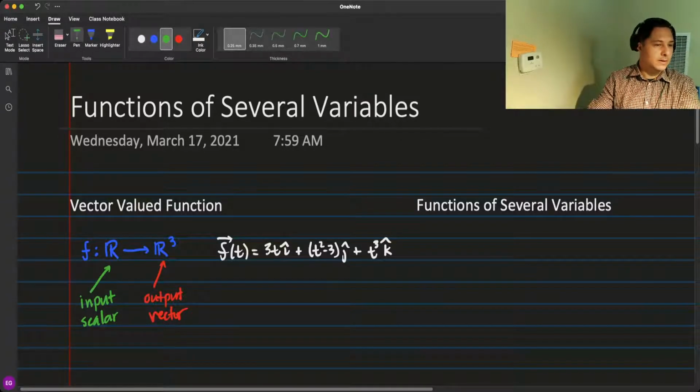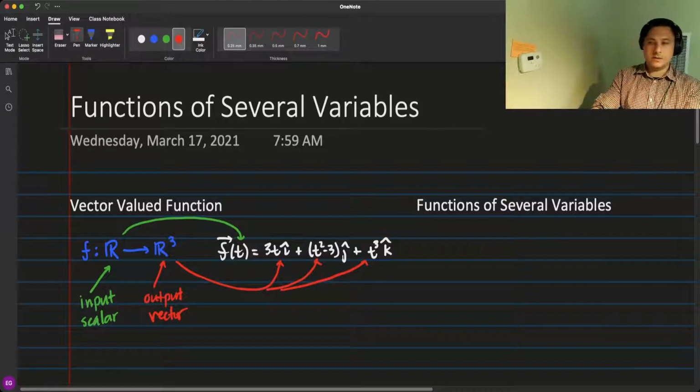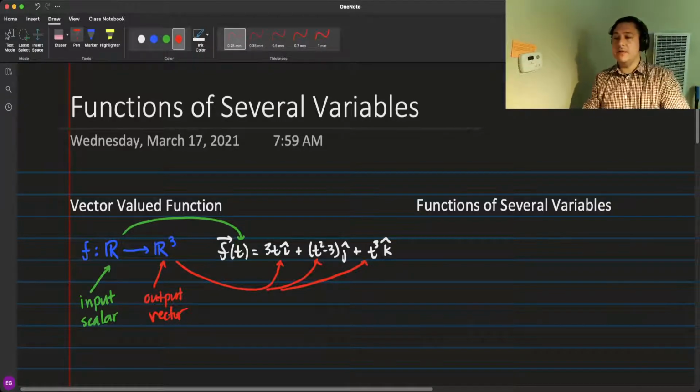Okay, so this is your input scalar t, and then what are you outputting? Here are your three components of your vector. So a vector valued function has an output which is a vector.